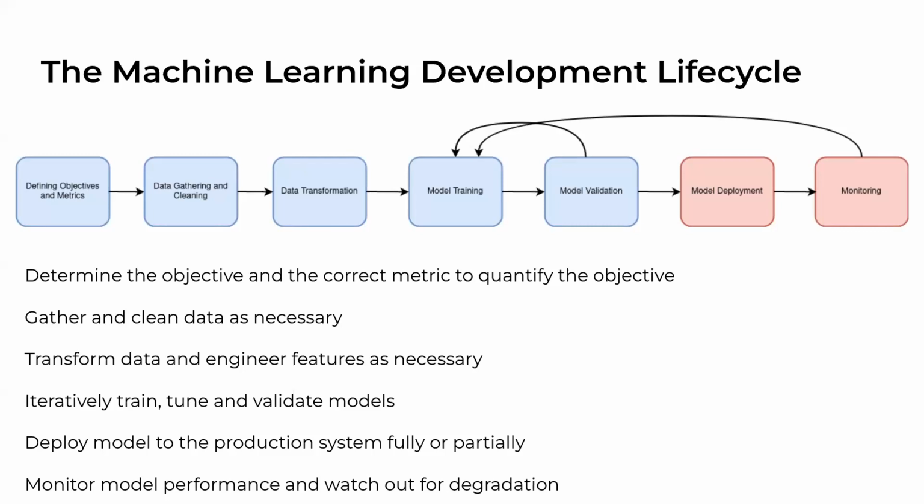So data tends to not be static, and it tends to change over time. Because of these aspects, we need to keep monitoring, and if the metrics that we are looking into go down, we'll have to go back to the drawing board, go back to the model training, or even data transformation, and iterate back into the model and create a new model version.